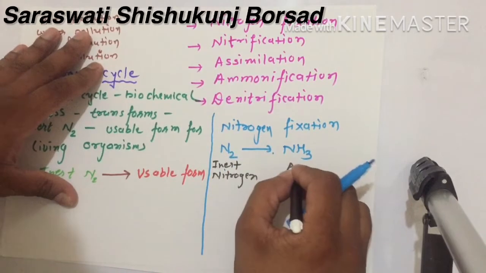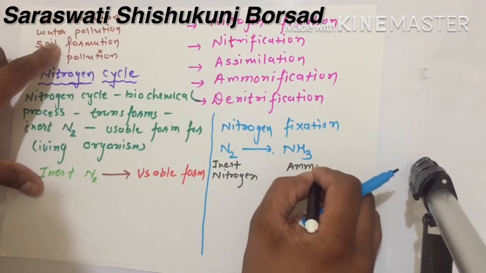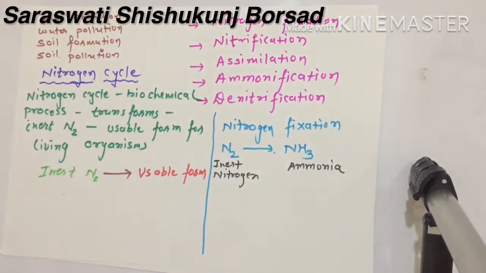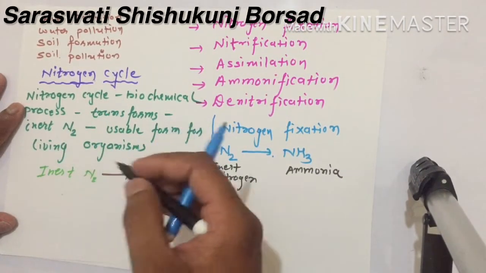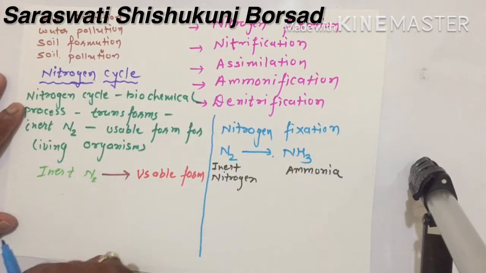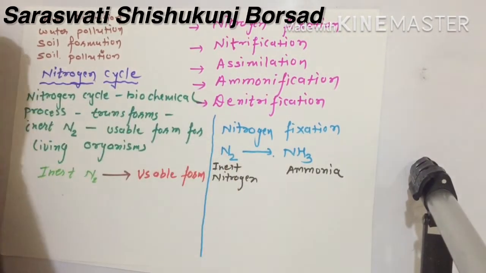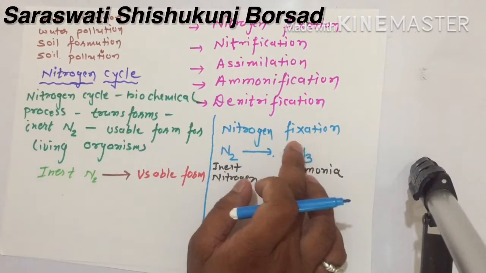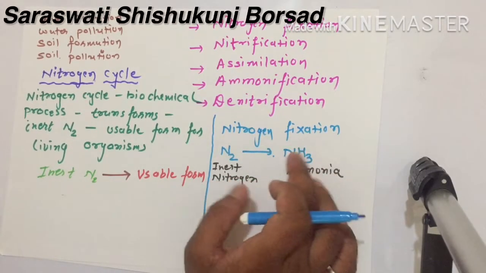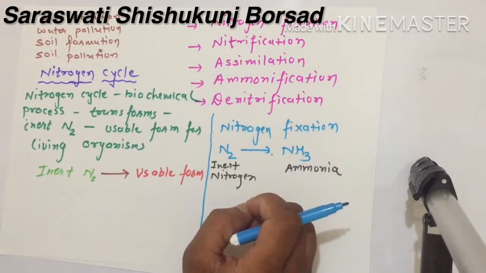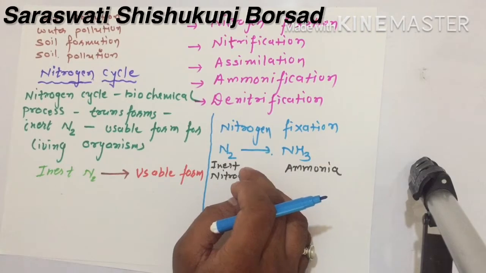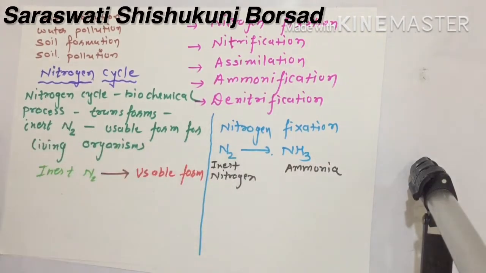It will get converted into ammonia. In nitrogen fixation, the inert nitrogen present in the atmosphere, and we know almost 78% of nitrogen is present in the atmosphere, will be converted into ammonia. During this process of nitrogen fixation, the inert form of nitrogen gas is deposited into the soil from the atmosphere and surface water, mainly by precipitation.